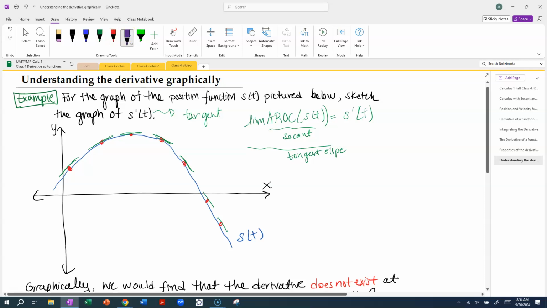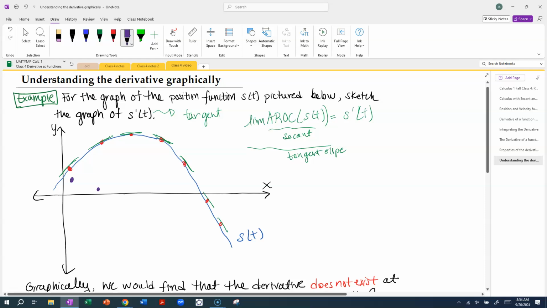If I look at this first one, the slope of that tangent line is positive. It's not terribly positive, but maybe it's there. I have no scale on my vertical axis. Next one, it's still a positive slope, but less so, so maybe right there.